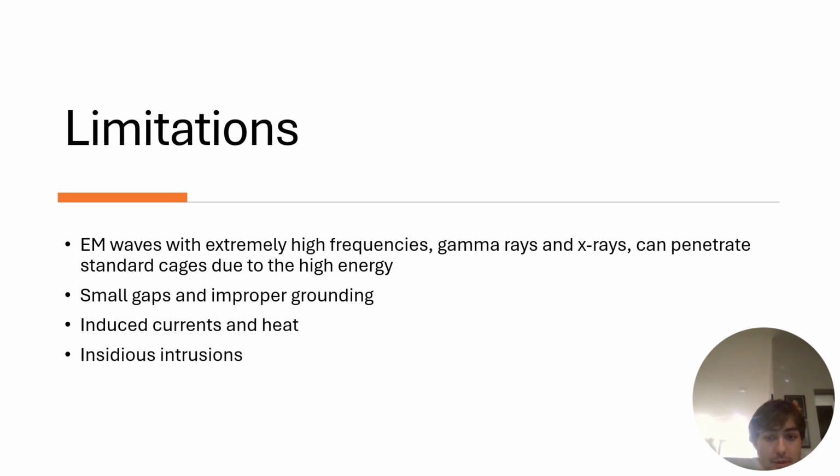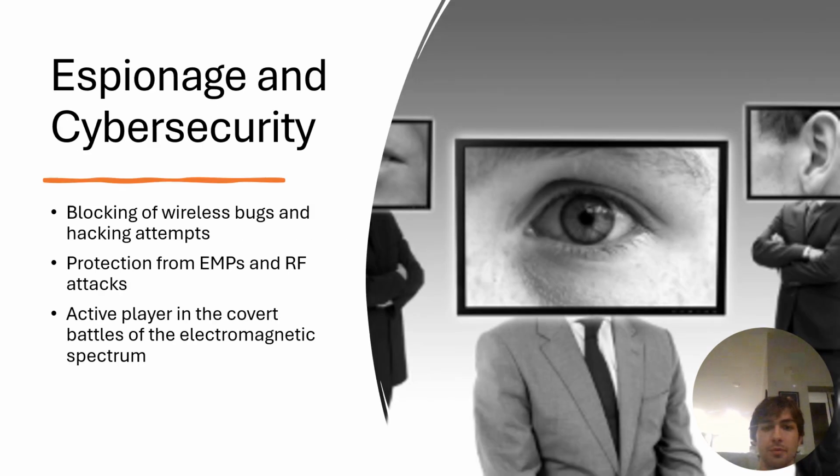Some limitations of this area include small gaps that can be found in the Faraday cage, induced currents and heat from extremely high impulses, insidious intrusions, such as if a phone is being used inside the cage, it can cause damage to the cage.